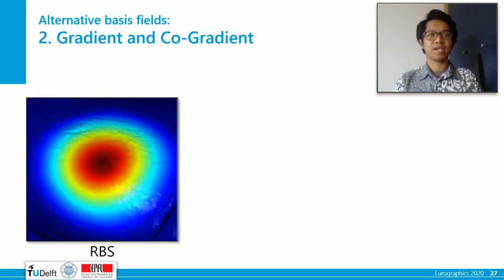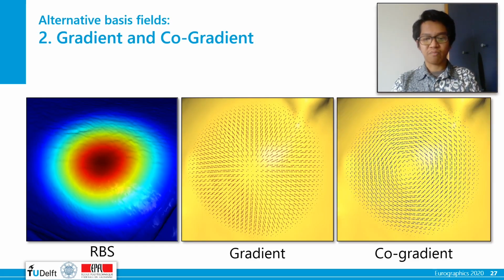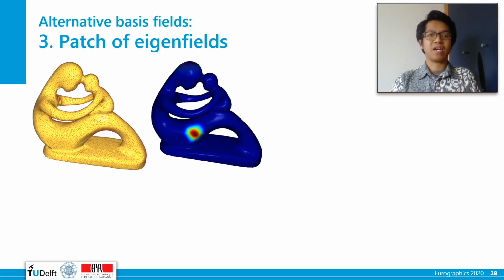Another possible scheme to create the basis is by creating radial basis functions, and then computing the gradient and cogradient of the radial basis functions as the basis fields. The third option is to compute the smoothest global eigenfields of the model, and then scale the magnitude by the radial basis functions on each of the sample faces.